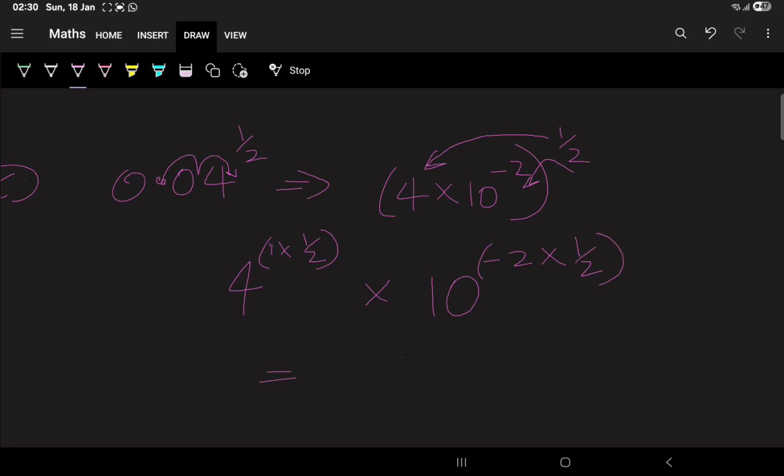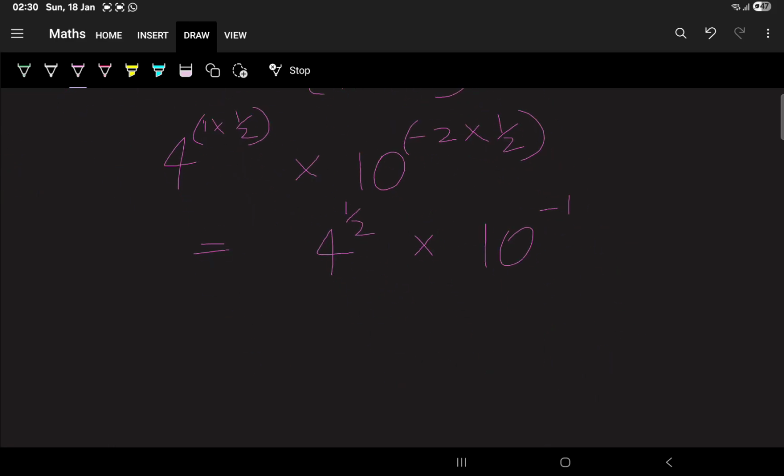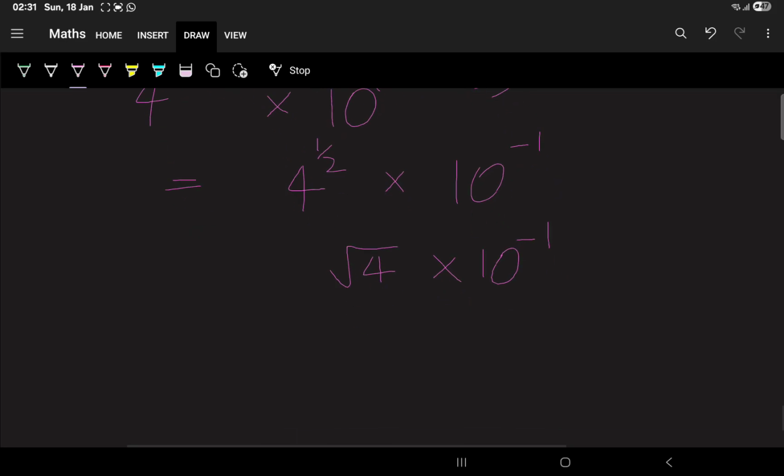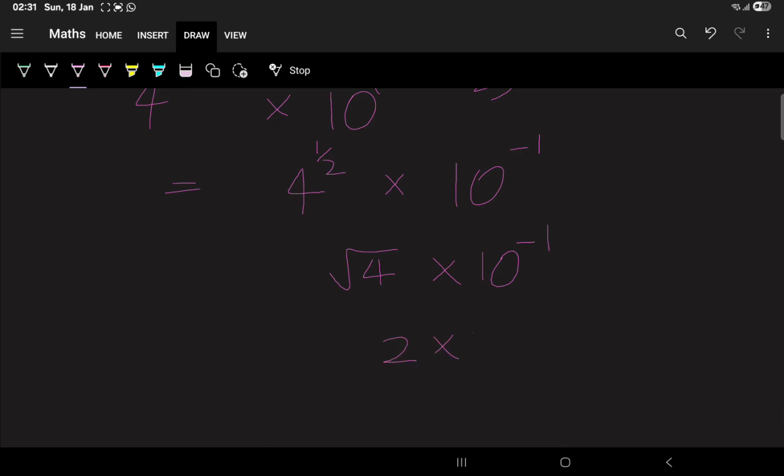This simplifies to 4 to the 1/2 power times 10 to the index of negative 1. Now 4 to the 1/2 is the same as the square root of 4, times 10 raised to the power of negative 1. This is going to be 2 times 10 raised to the power of negative 1, which is 0.2. Don't forget our plus and minus from the square root of 4.